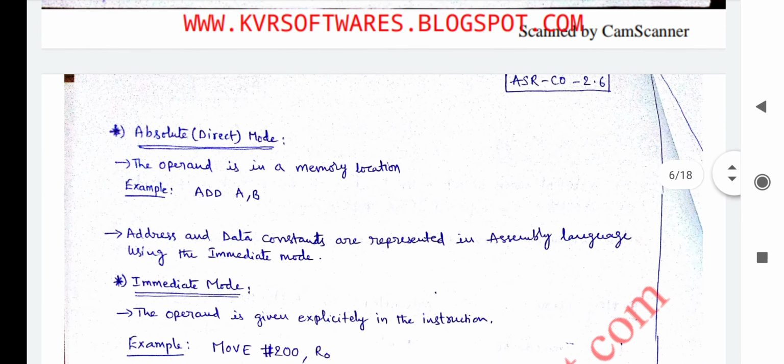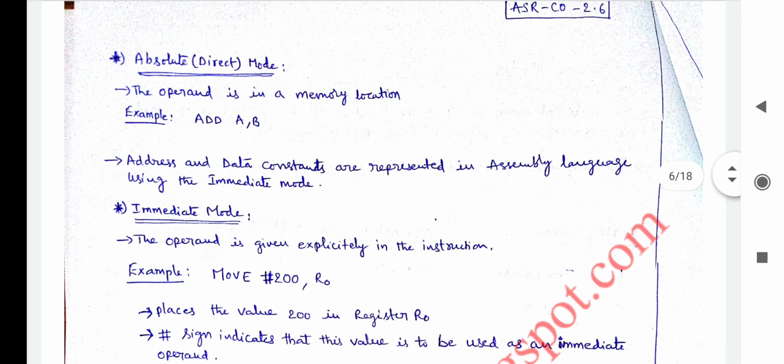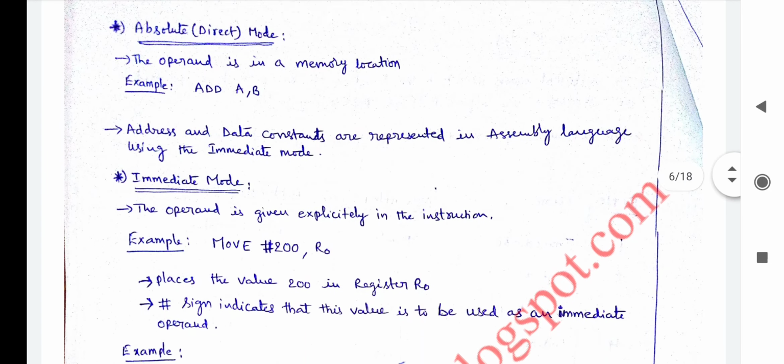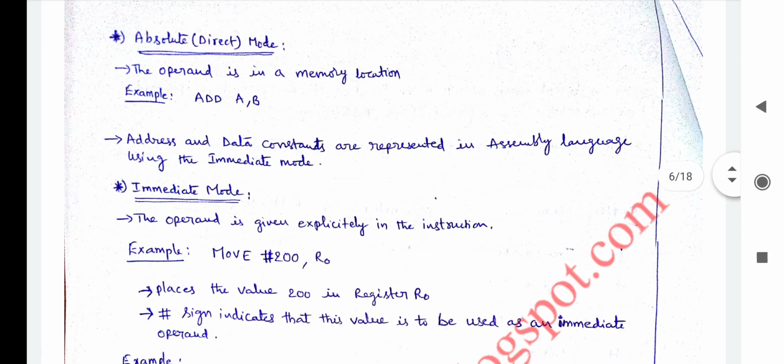And absolute mode. Absolute mode we can also call direct addressing mode. The operand is in a memory location. The operands are stored in a memory location instead of registers. Means directly we can store the values in some particular memory location. Right? This is about direct.